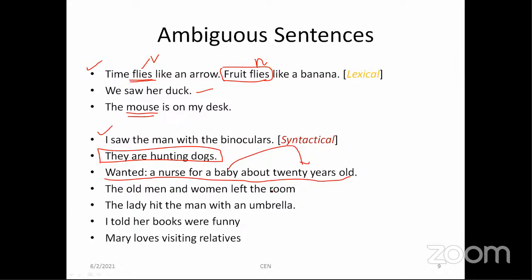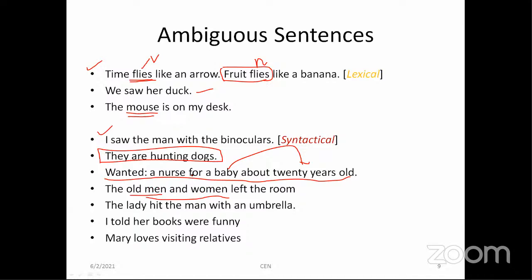Old men and women left the room. One possibility is that we can have a separation: the 'and' as a compound, and we can separate that too. Whether both are old or only the men are old.